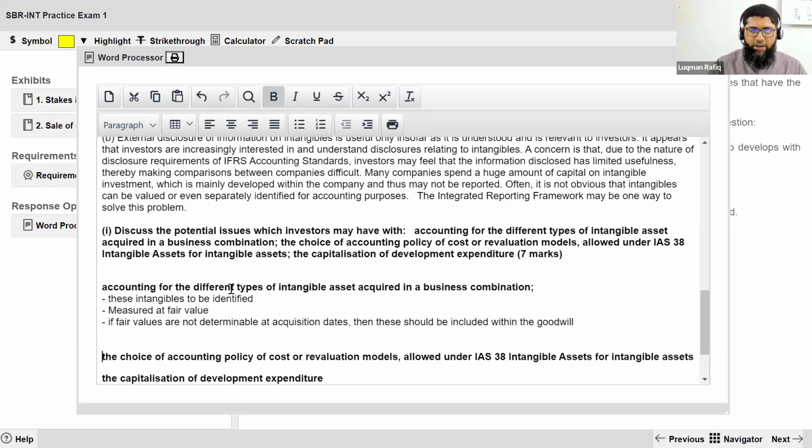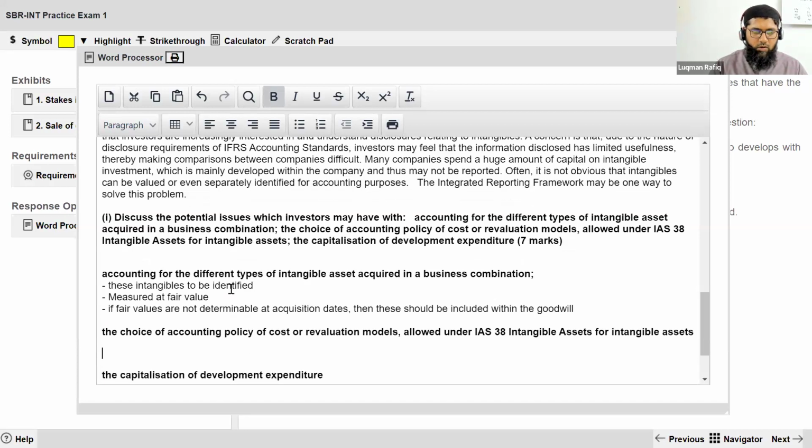The choice of accounting policy: lack of active market, the whole class of intangibles to be measured using the same model.